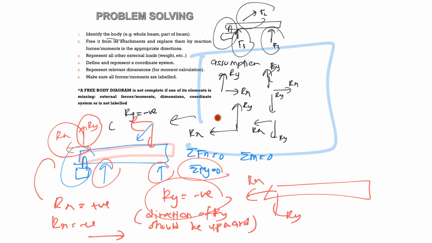That's why you need to assume. After this, when I do the questions, please use a different assumption. Don't use my assumption, and you are going to see that both our answers get the same thing, which means that at the end we are going to get the correct direction for the hinge.